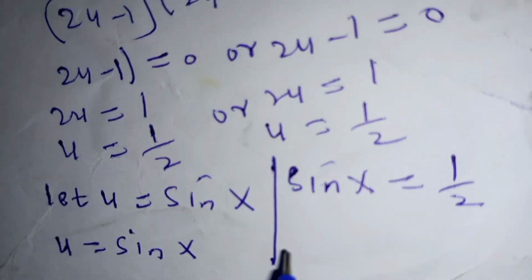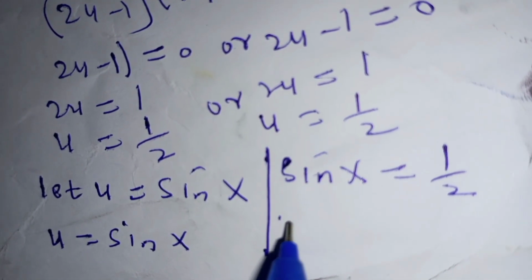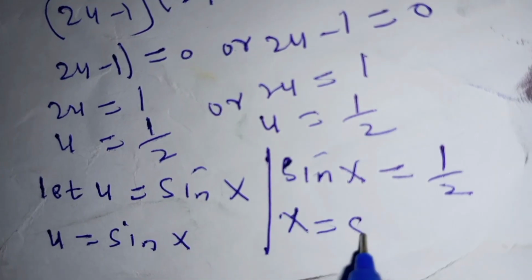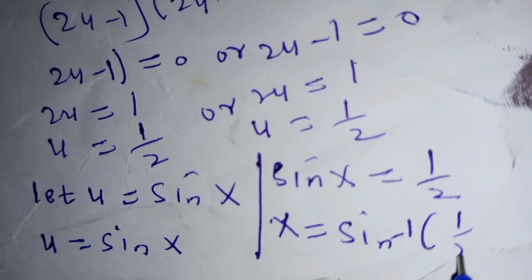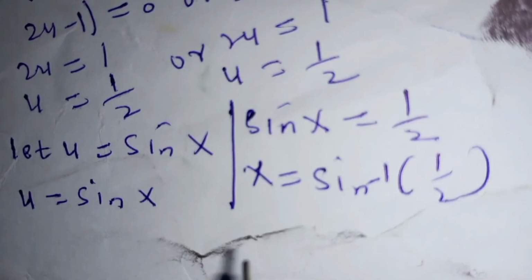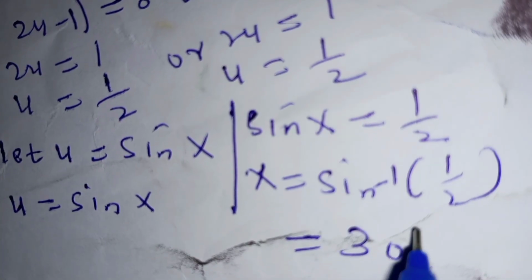So we take sine inverse on both sides. Sine inverse of sine is x, and then we take sine inverse of half. Now from the calculator, sine inverse of half is 30 degrees.